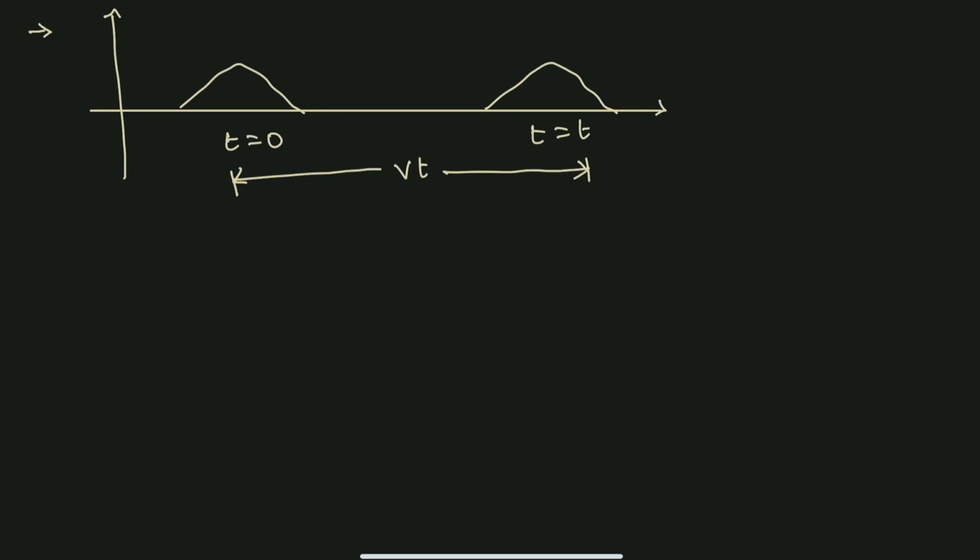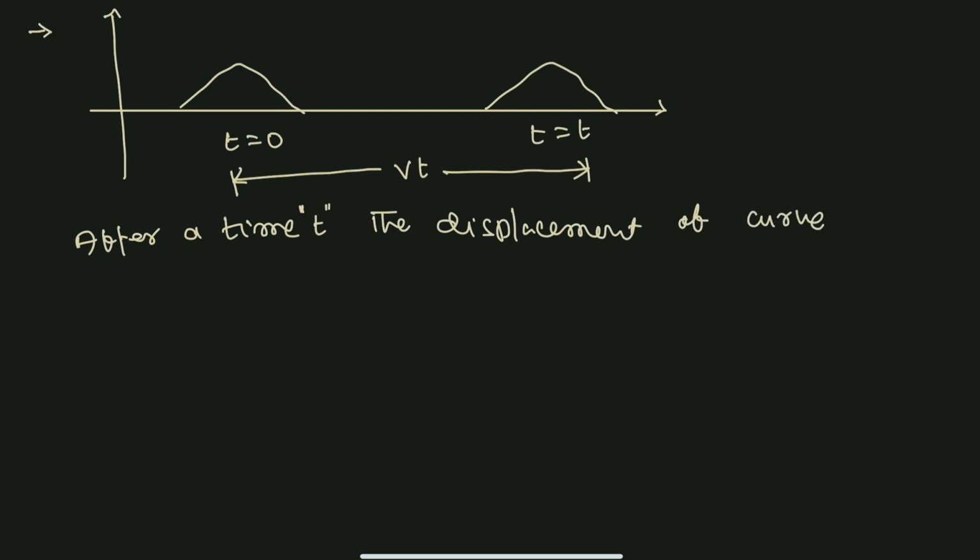When the wave is propagating in this direction, after a time t, the displacement of the curve is y equals f of (x minus vt).